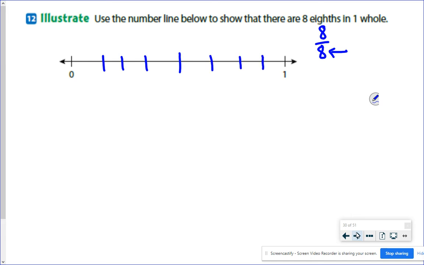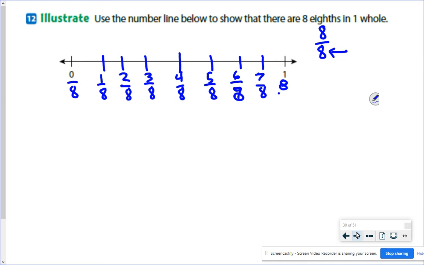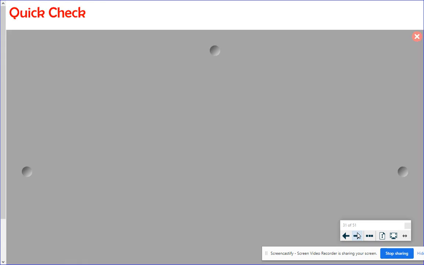And this is how I know that there are 8/8 in 1 whole, because when I break it up into 8 parts and I count, I end up with 8/8 being the same place where the 1 whole is.